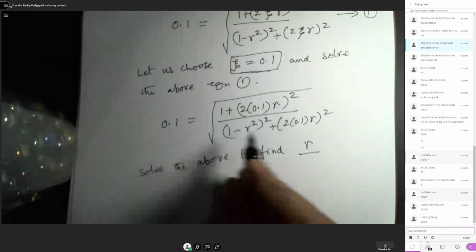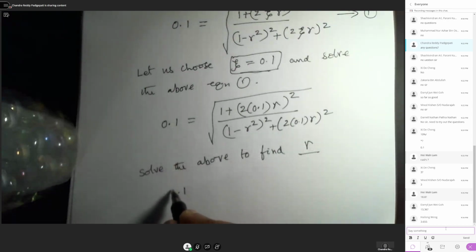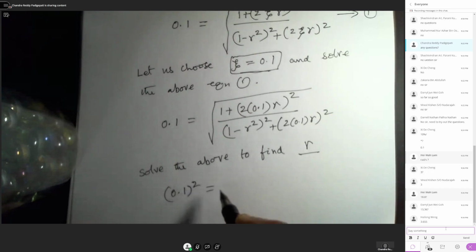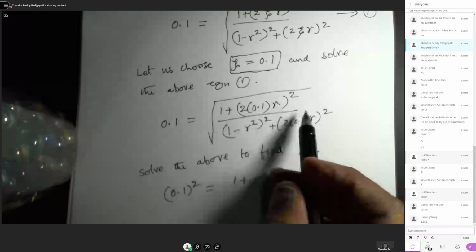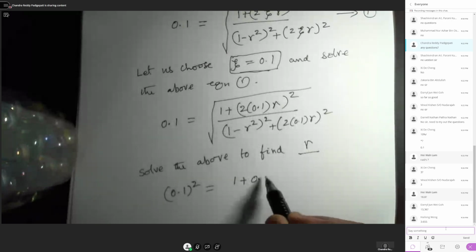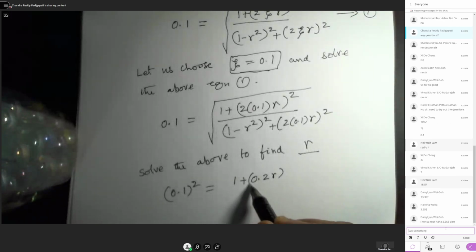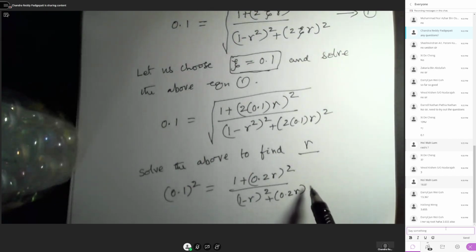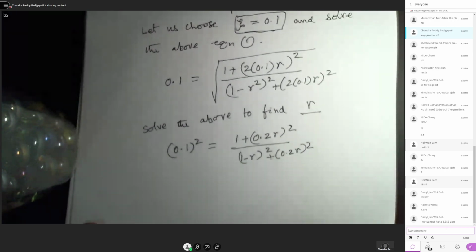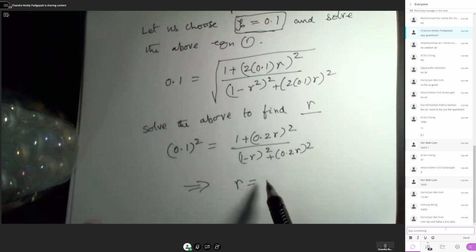So you can square both sides, so you can write 0.1 square is equal to 1 plus 0.2 r square over 1 minus r whole square plus 0.2 r square. Okay, so solve this to find out r.